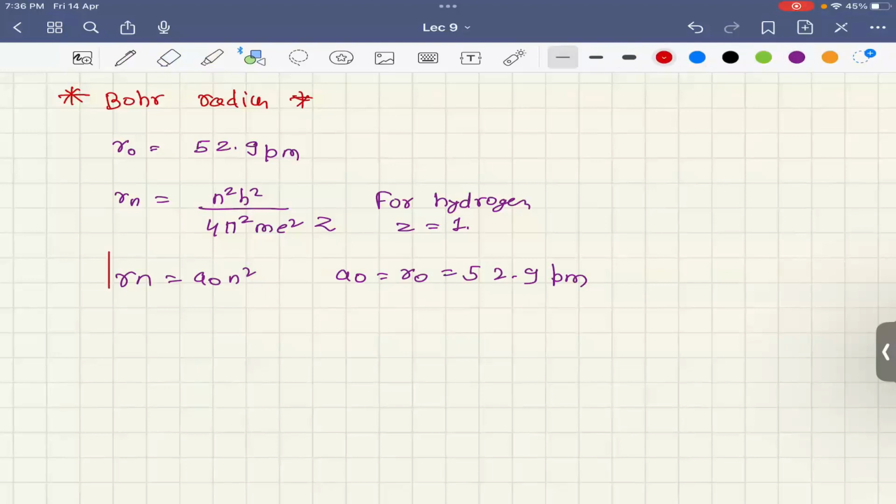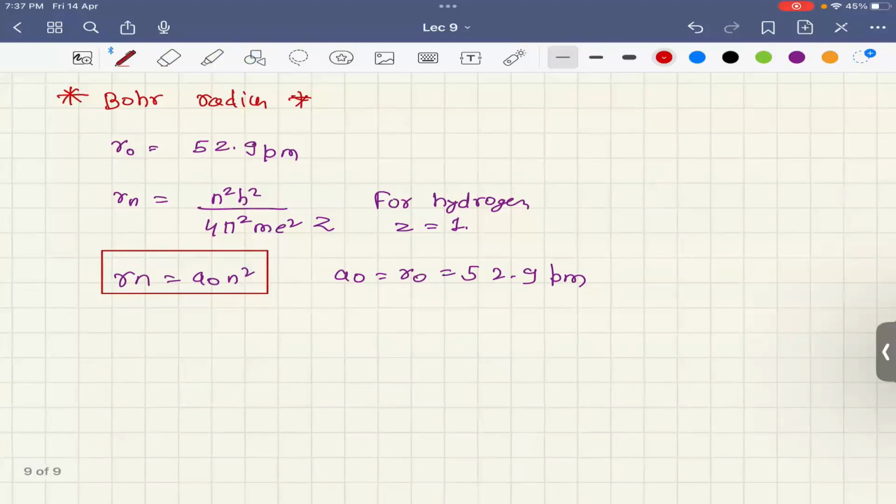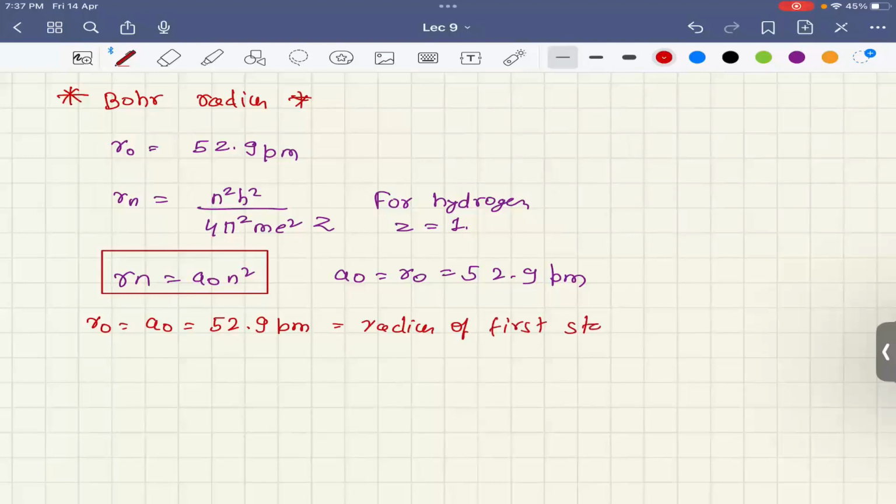So r0 equal to a0 equal to 52.9 picometer is the radius of the first stationary state, called the Bohr radius, right?